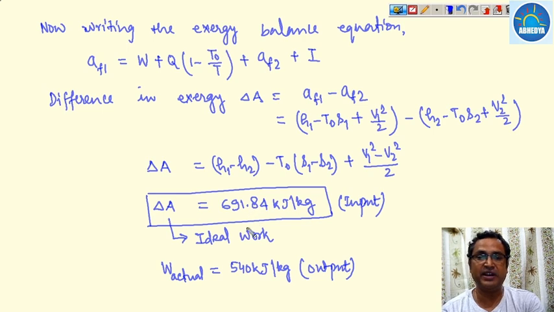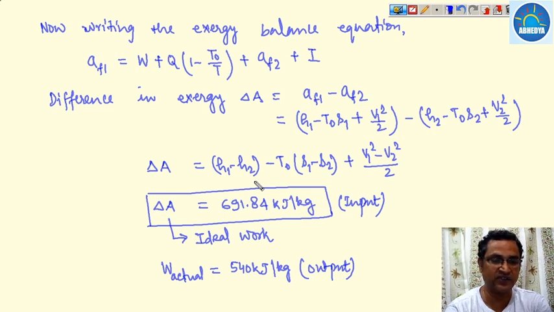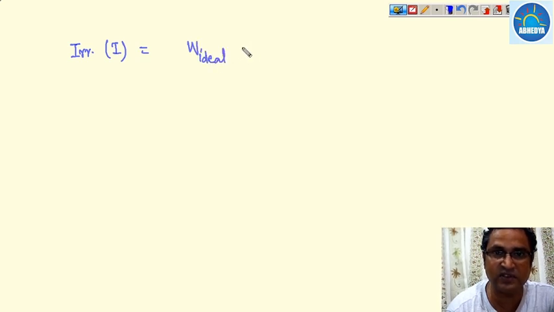So you have been asked what is the irreversibility. Irreversibility is nothing but the difference of these two: ideally how much work can be transferred and actually how much has been transferred.